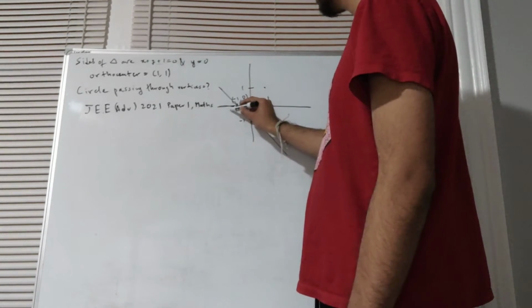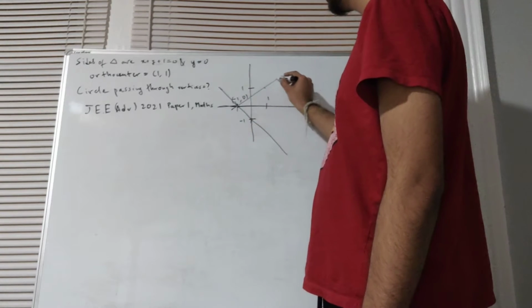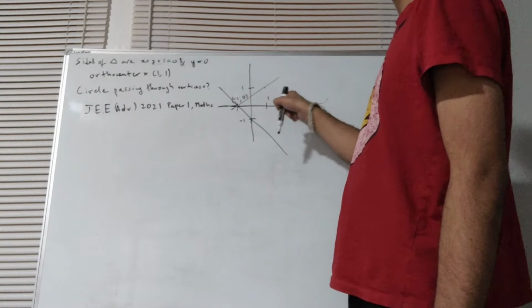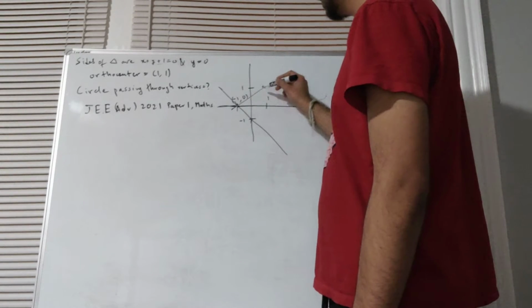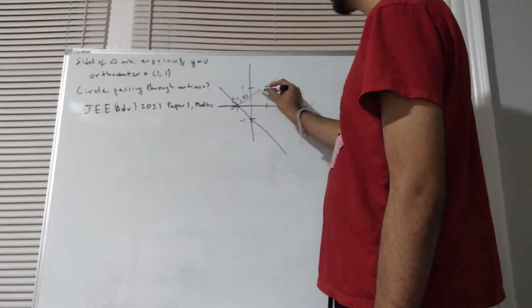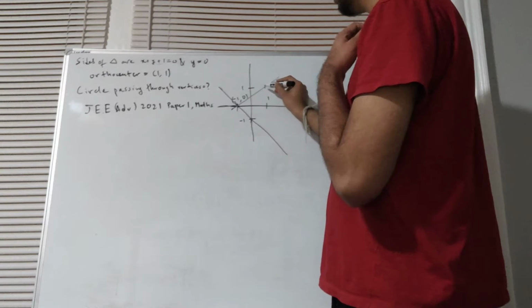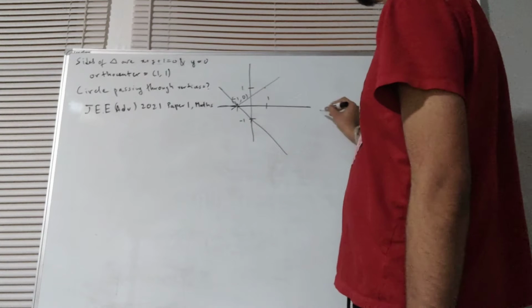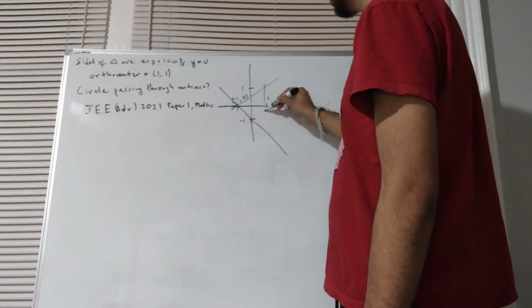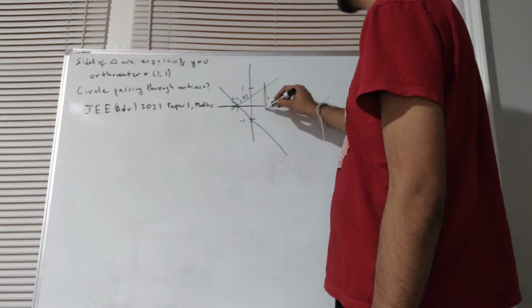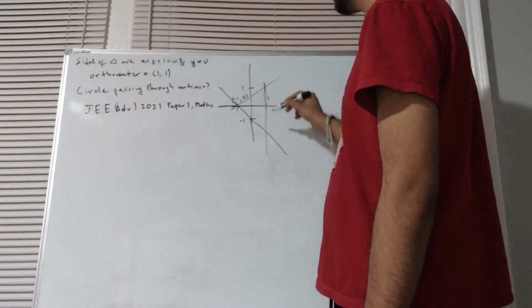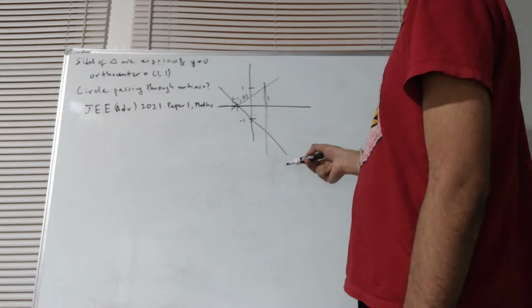So that means it passes through here and it is perpendicular to each of the sides, and since it's also perpendicular to y equal to 0, you can draw a perpendicular line like this, and it is perpendicular to the third side.